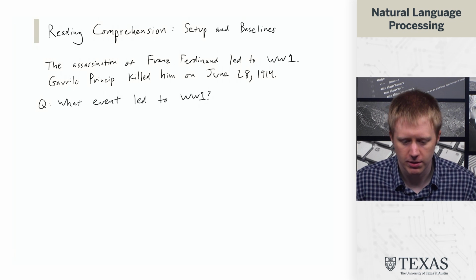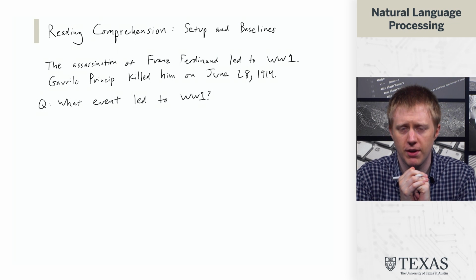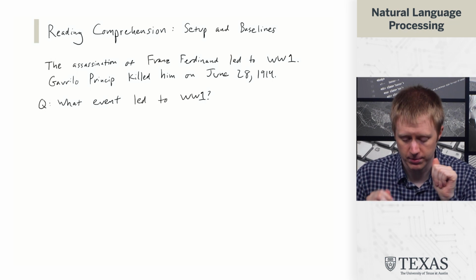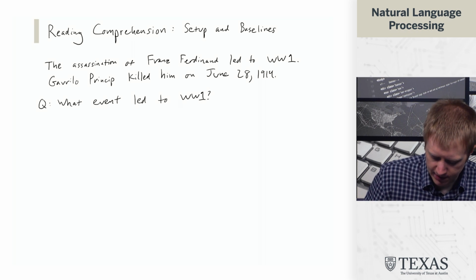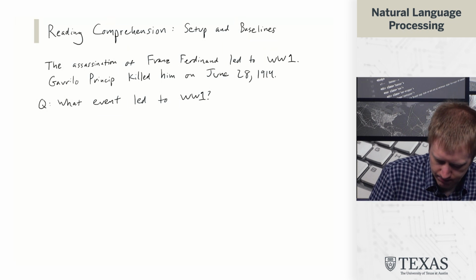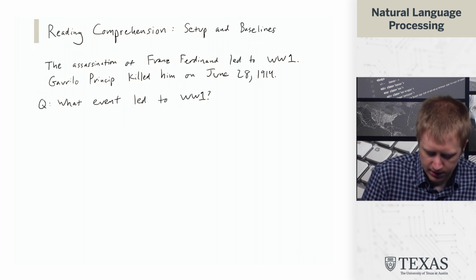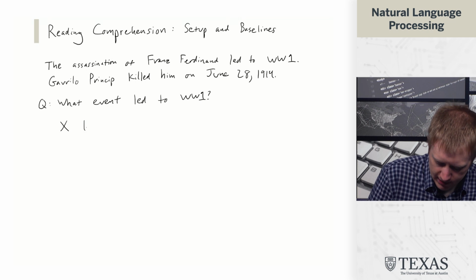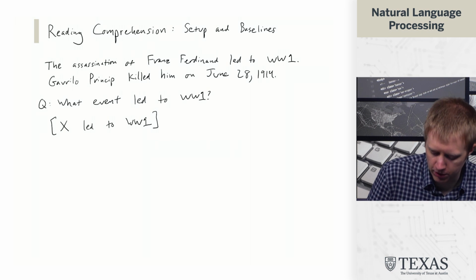All right, so we have a few different baselines that we might think of in terms of how to answer this question. And these can draw on various ideas that we've seen so far throughout the course. So one idea is to say, we've got an "X led to World War I" sort of pattern that we're looking for.